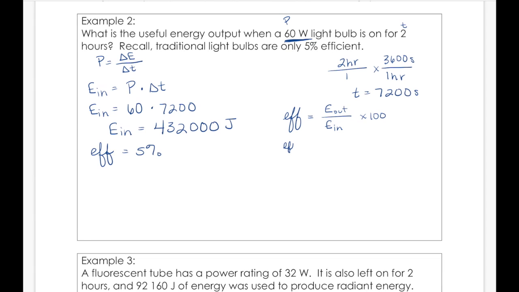Then I'll have my efficiency, which I'm just going to fill in the number. They told us that the efficiency was 5%. I'm going to divide both sides by 100%, and then to get the E in over on the other side, I'm going to multiply both sides by E in, which will give me E out.